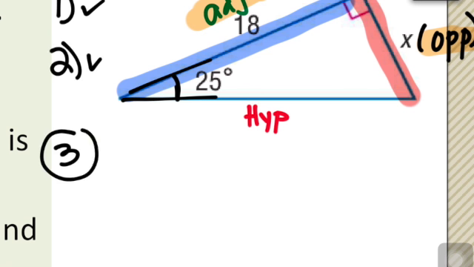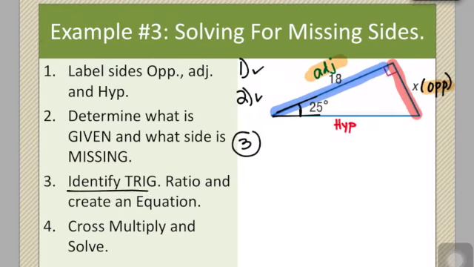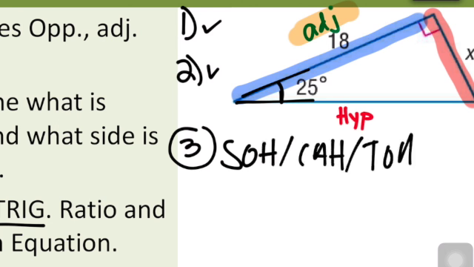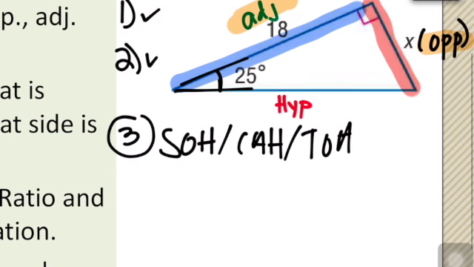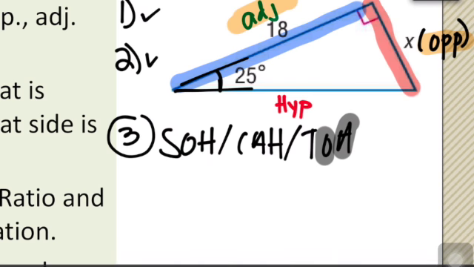Now for step 3, we have to pick which trig function contains the sides that we found in step 2. Which trig function has opposite and adjacent? Using SOHCAHTOA, I notice that tangent has an O for opposite and an A for adjacent. So we're going to use our tangent ratio.